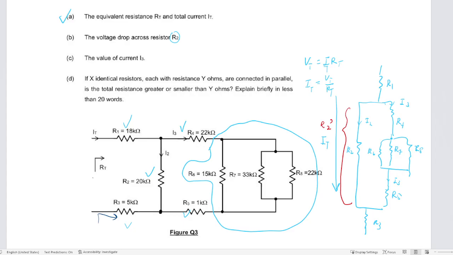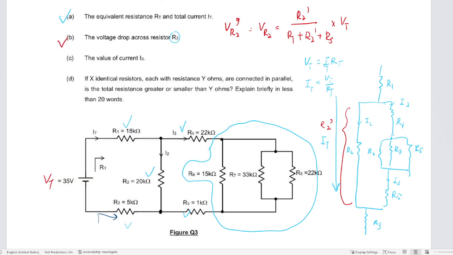So let's say VR2 prime is also VR2, which is R2 prime over R2 prime plus R1 plus R3, multiplied by VT. Let's get back the original value, maybe I call this VT, 35.